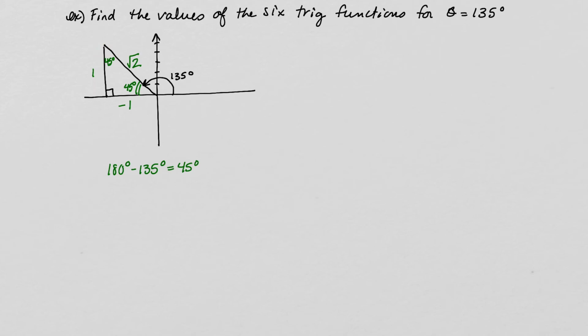And now, again, we can just find those 6 trig values. So the sine of theta, the cosine of theta, the tangent of theta, and then the cosecant of theta, the secant of theta, and the cotangent of theta. So what would the sine here be?